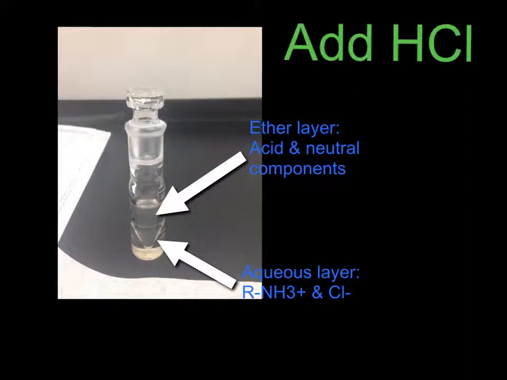So let's talk about the procedure and the theory. After we add the hydrochloric acid to the ether solvent here in the distilling receiver, the basic component will be protonated and become an ionic salt, which is soluble in water but insoluble in the ether, which just means the basic component will stay in the aqueous layer.